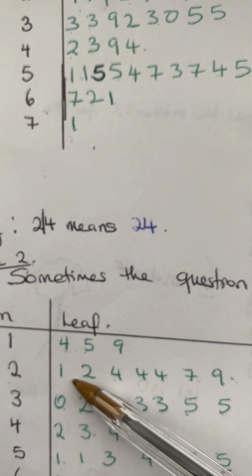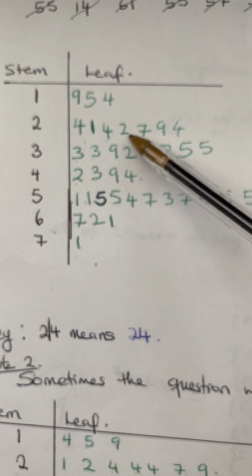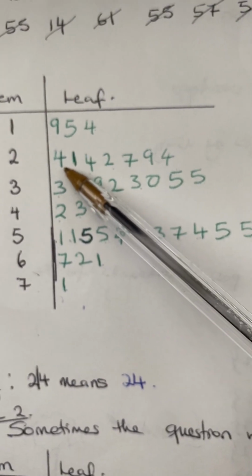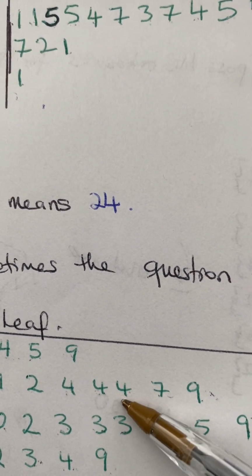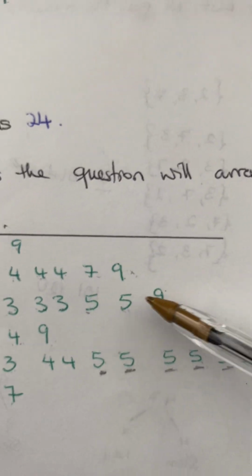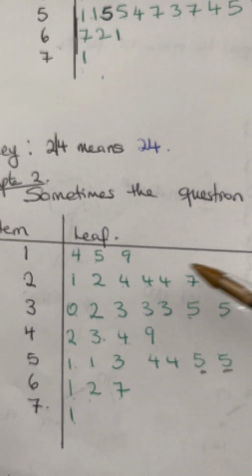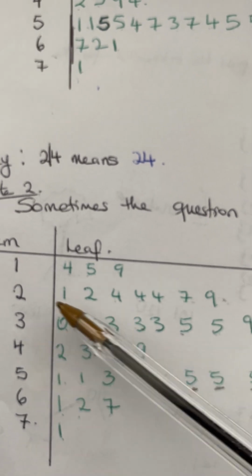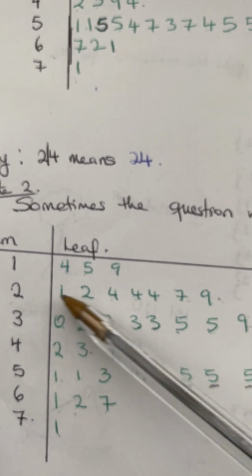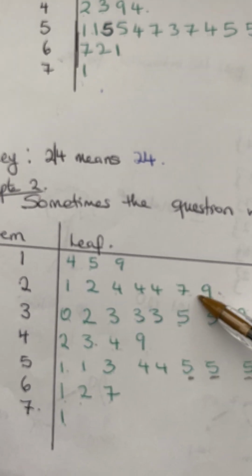So I wrote 1, 2, 4, then 7 and 9. So in the 20th column, I have 21, 22, 24, 24, 24, 27, and 29.